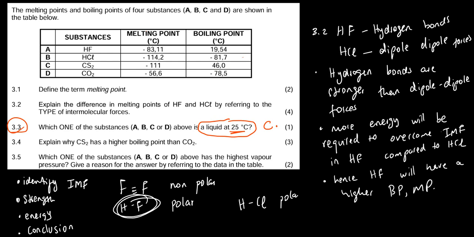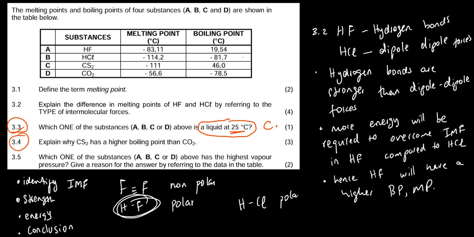Now explain why CS2 has a higher boiling point than carbon dioxide. So questions like this are gonna come, whereby when you are looking at CO2 and CS2, what type of intermolecular forces are there in those, right? Both of them, you will see that they are linear molecules, right?